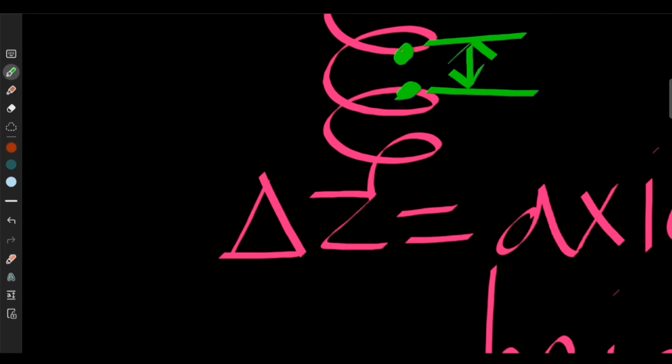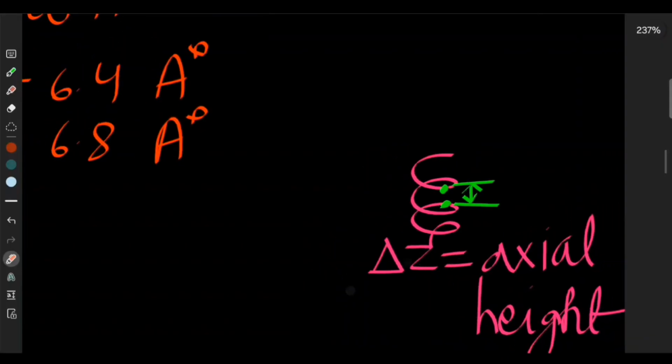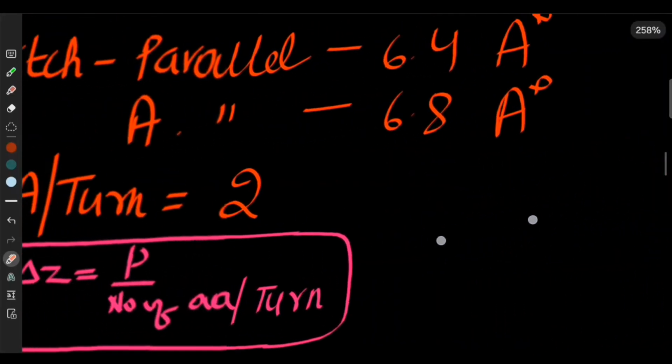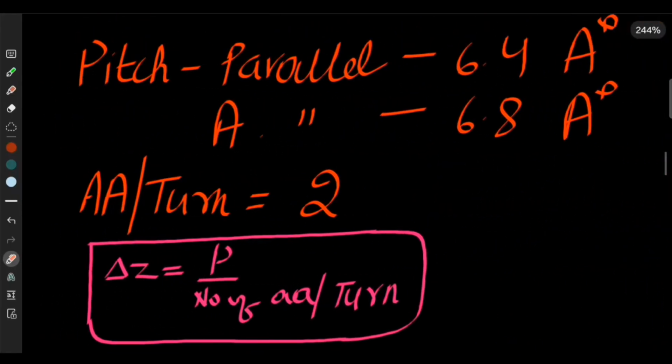So the vertical distance between these 2 amino acids is actually the axial height, and it is also known as rise per residue. That means what is the exact amount of rise from one amino acid to the other one. So this is actually the axial height.